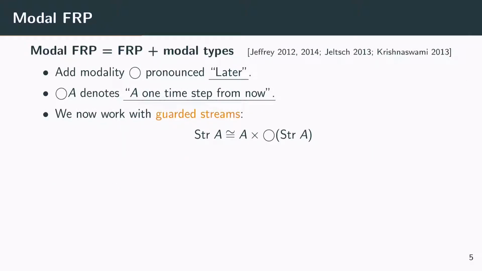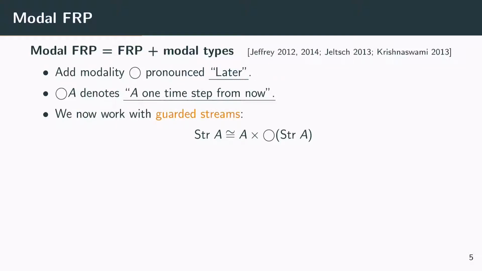Okay, so let me say a few words about how these kinds of functional reactive programming languages work. So they're based on a modal style of functional reactive programming that goes back to Jeffrey and Jeltsch and Krishnaswamy from 2012 and 13. So the idea is that we borrow the later modality from temporal logic.